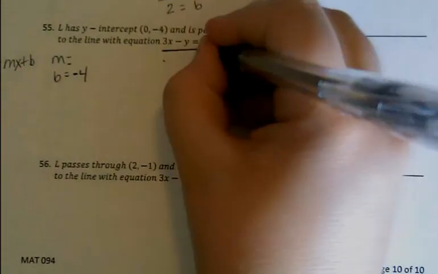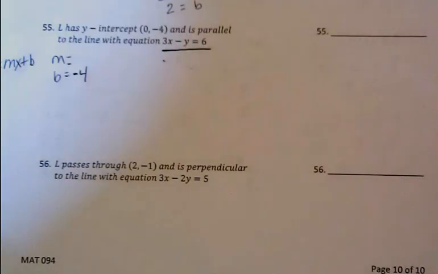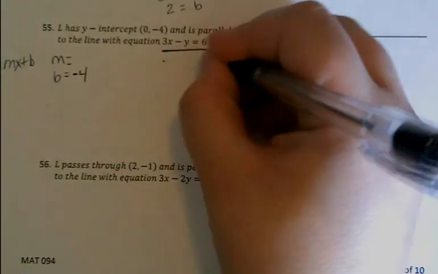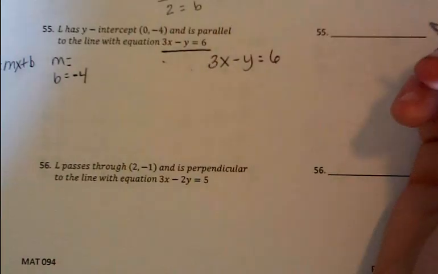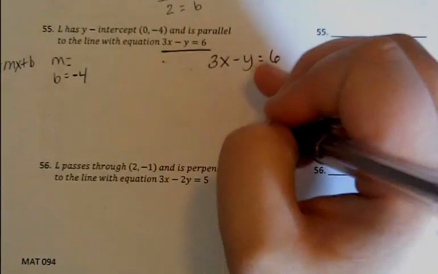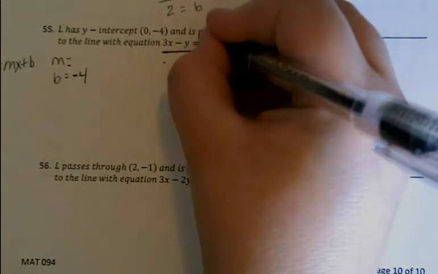Well, we learned that parallel lines have the same slope. So what we can do is solve this for our y equals mx plus b formula, and then the slope of this line should be the same as the slope of our line because they are parallel.